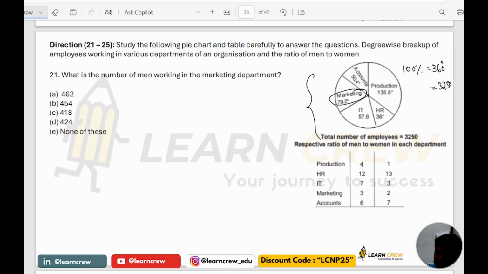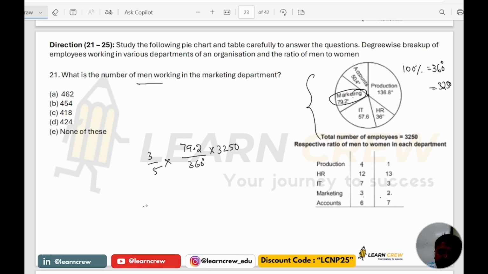Means 79.2 degrees. 79.2 degrees out of 360. Out of 360 in 3250 is marketing employees. And in this, males and females are in the ratio 3:2. It is asked for men. Men means 3/5. Okay, 3/5 of this is how much?